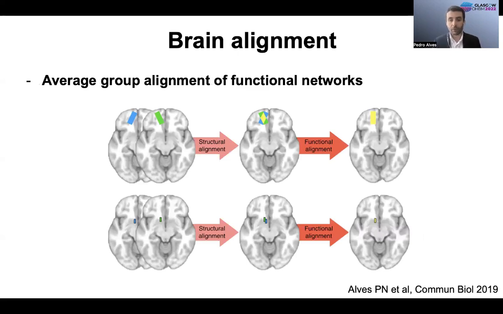The alignment of individual functional maps exclusively based on structural features may lead to a misalignment of small subcortical structures. In a previous work, we have shown that if we do an additional step of functional alignment, we may improve the identification of these small structures in average group analysis.